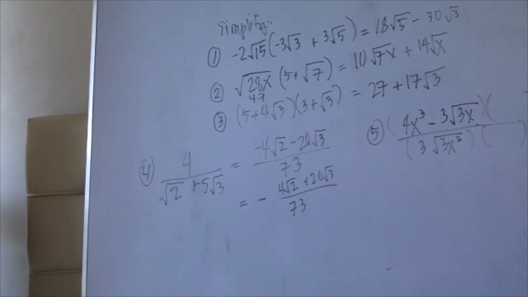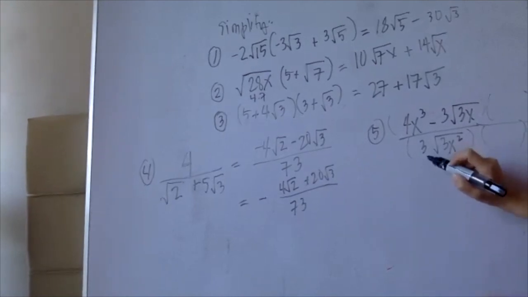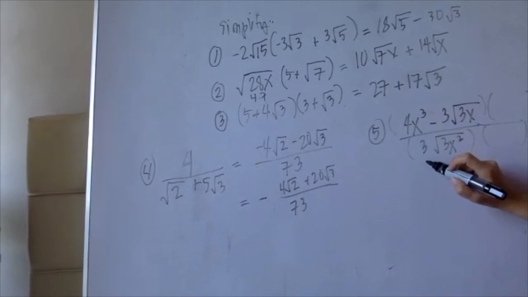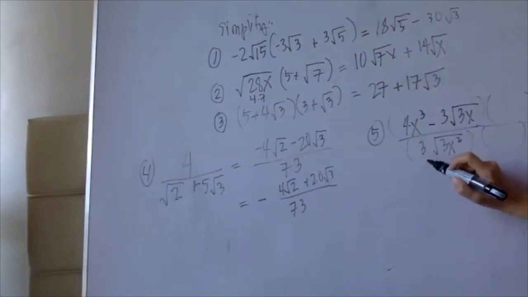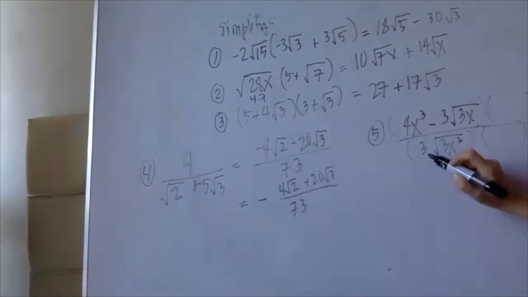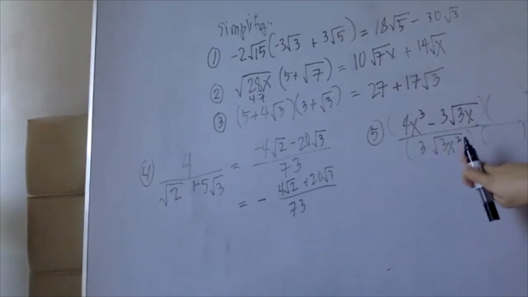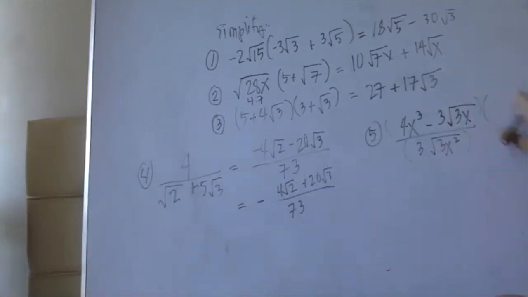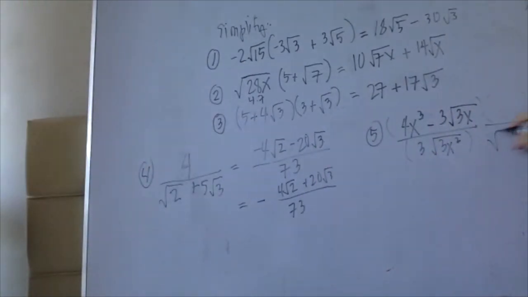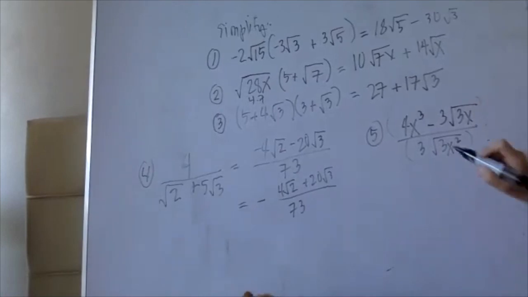Question, minumultiply niyo pa ba siya by 3? Ginagawa niyo ba yun? Hindi niyo na siya kailangan, pwede mo na i-simplify yung sa baba. Kasi if you're gonna multiply it by ganito, magka-cancel-cancel ka pa mamaya. Nakita niyo ba to?